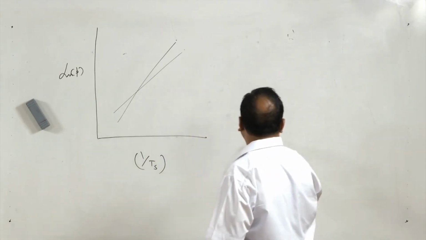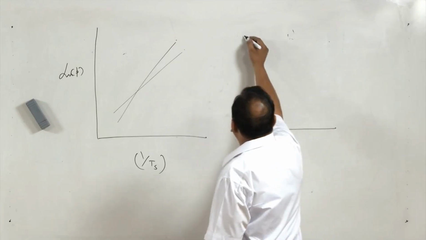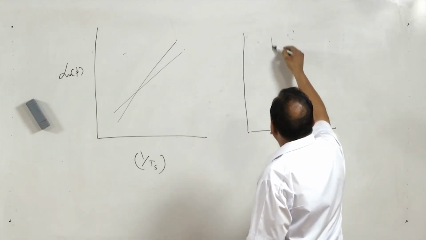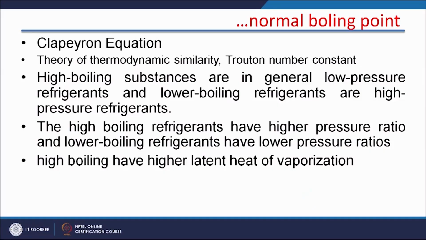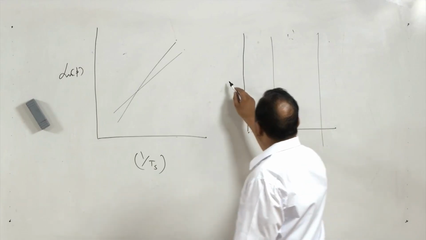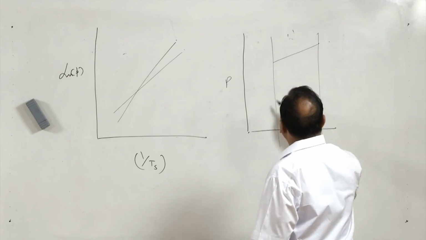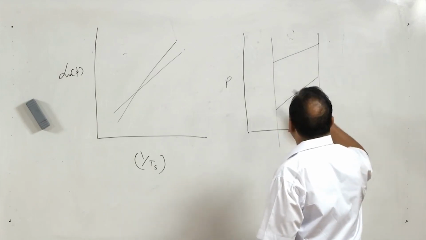Now, if we want to depict this on the same diagram between two temperatures, this is pressure. So, this is the slope of low boiling point refrigerant, this is the slope of high normal boiling point refrigerant.